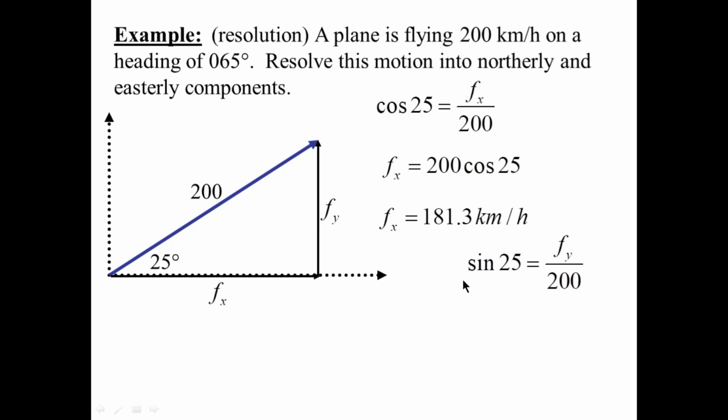If we multiply by 200, we get 200 sine 25. And so the force in the y direction would be that number. And so this 200 could be expressed as 181.3 kilometers an hour to the east and 84.5 kilometers an hour towards the north.